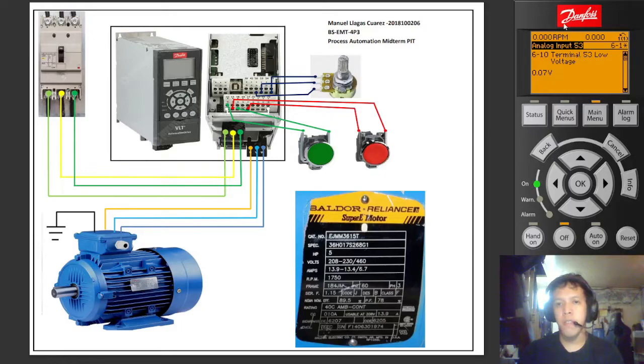Now that we are at analog input 53, we're going to go to 6-15, and set the value to 1750, which is the RPM of our motor. We click OK. Then we set the other value to 1750, and press OK.